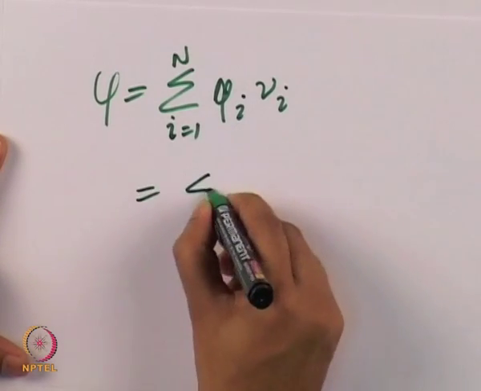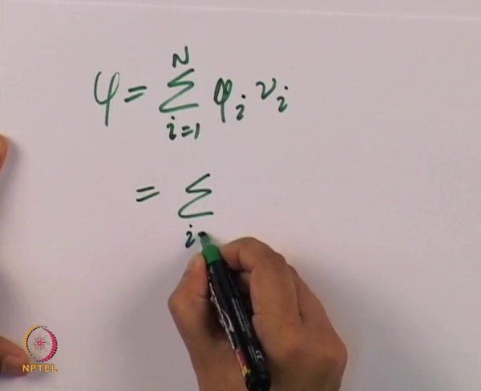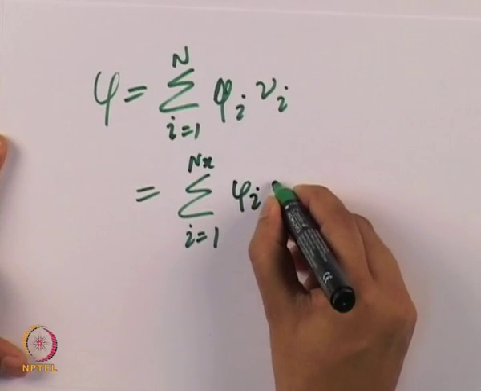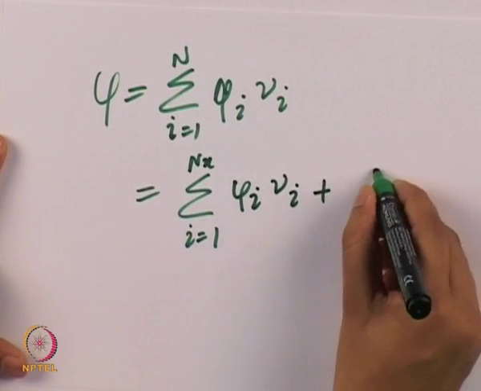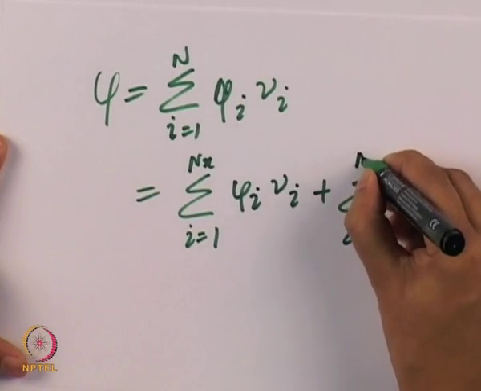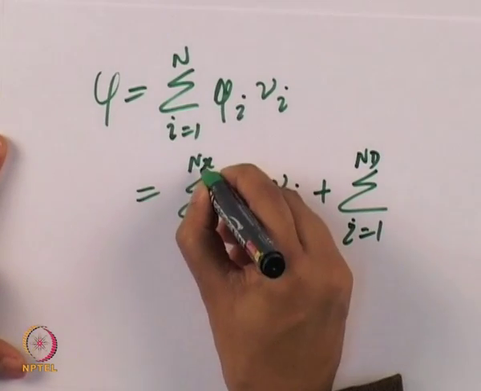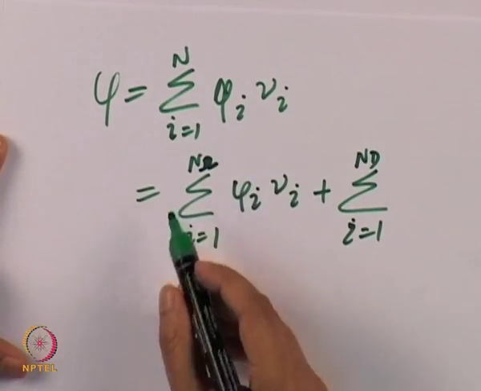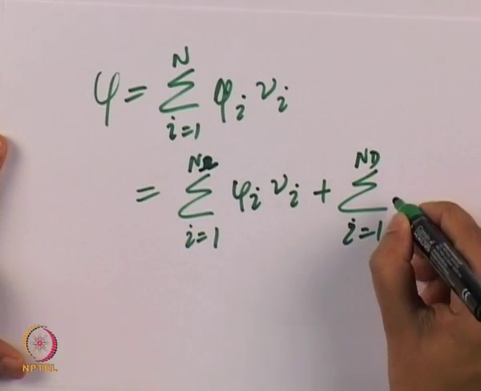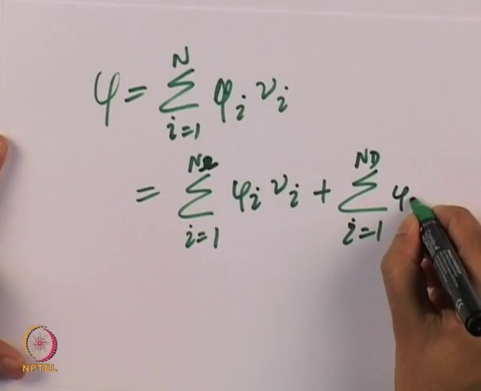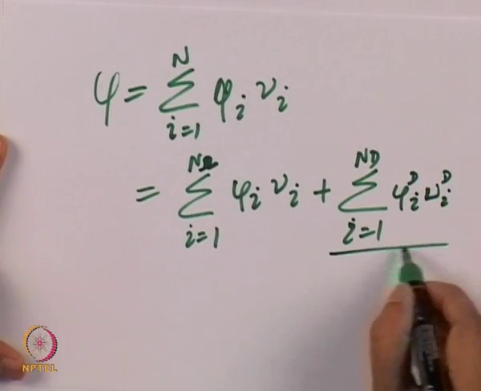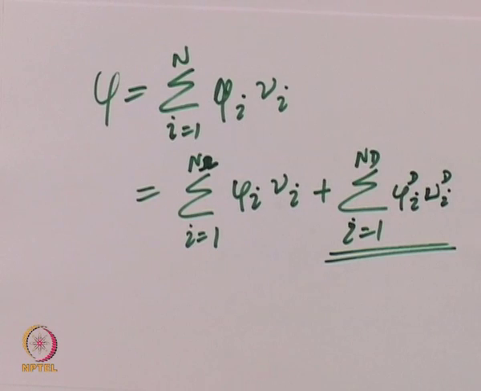So this can be written as sigma, I goes from 1 to n of x, phi of I v of I, plus sigma for I from 1 to n of d, where n of x is inside the domain and n of d is on the boundary of the domain, of phi of I on the boundaries times v of I on the boundaries. These are the boundary contributions.